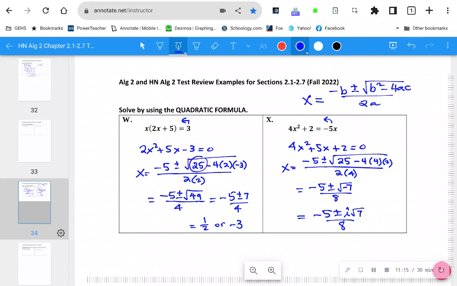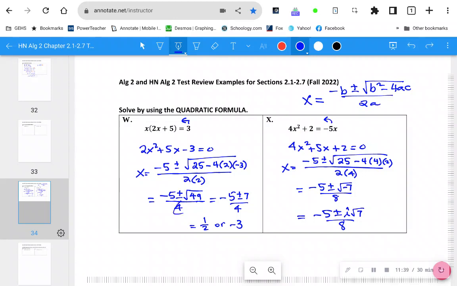Please note that you'll always have a positive number there when you square the b value. And then you go minus 4. That's a permanent part of the equation. You can see it up there. And you multiply that by the a and by the c. And you put that over 2 times the a value.